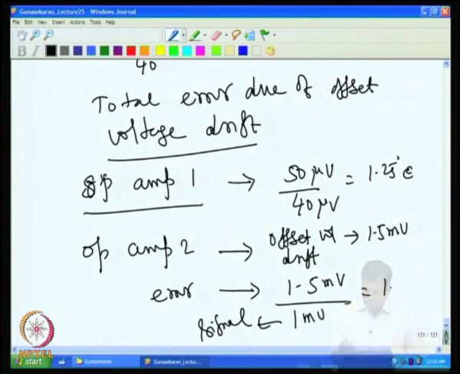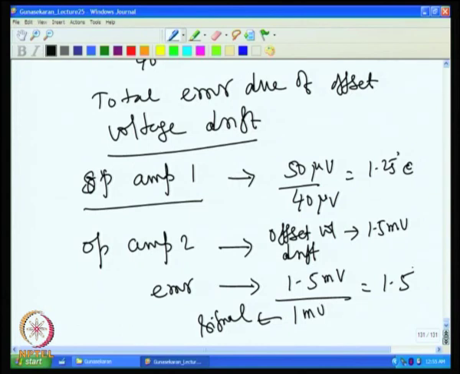So, that comes out 1.5. So, the op amp second stage error will be 1.5 degree C.